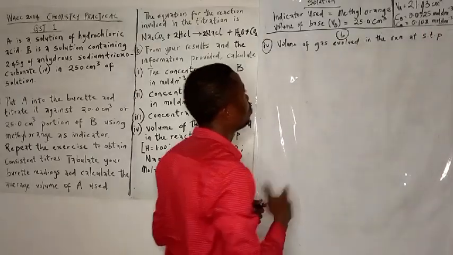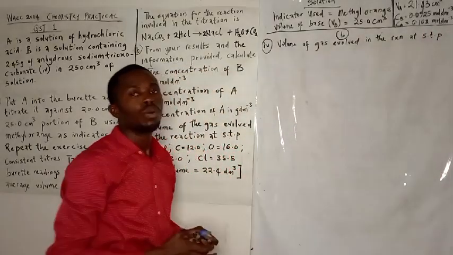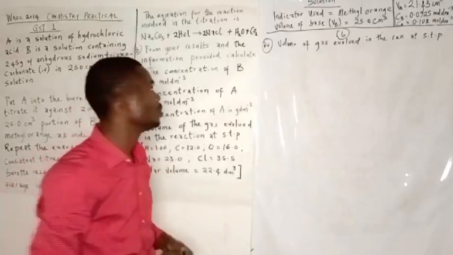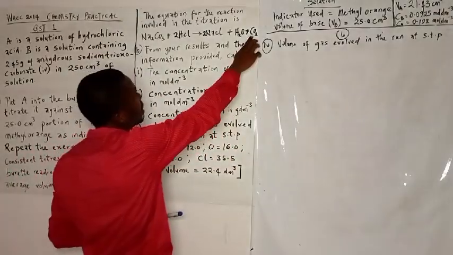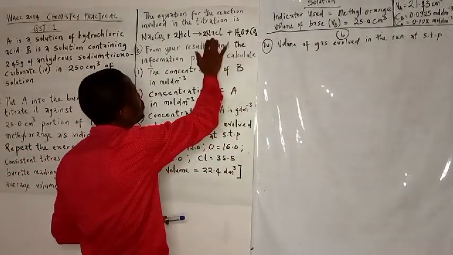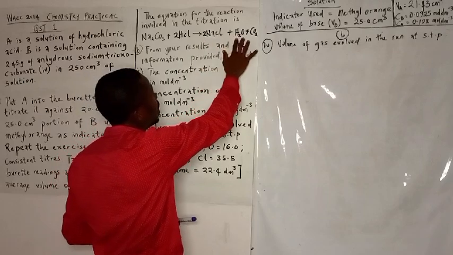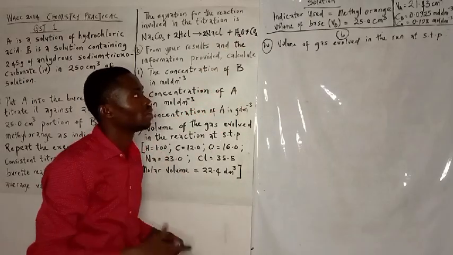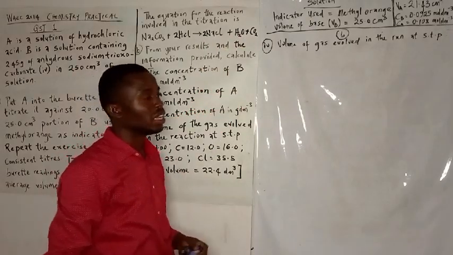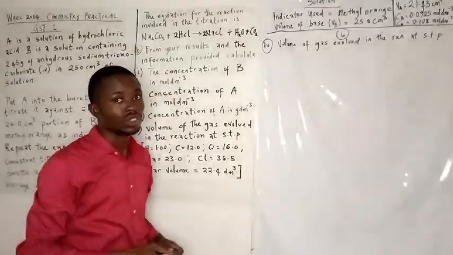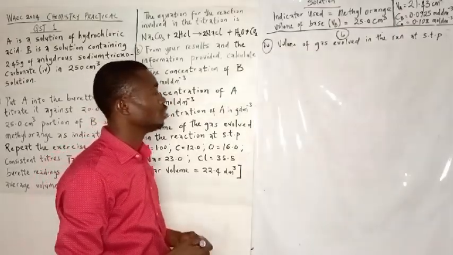Okay, so for us to be able to do this, we know that only one type of gas was involved in the reaction, and that gas is carbon dioxide gas. This is sodium chloride salt, this is water, and this is carbon dioxide gas. So carbon dioxide is a gas that was involved in the reaction.